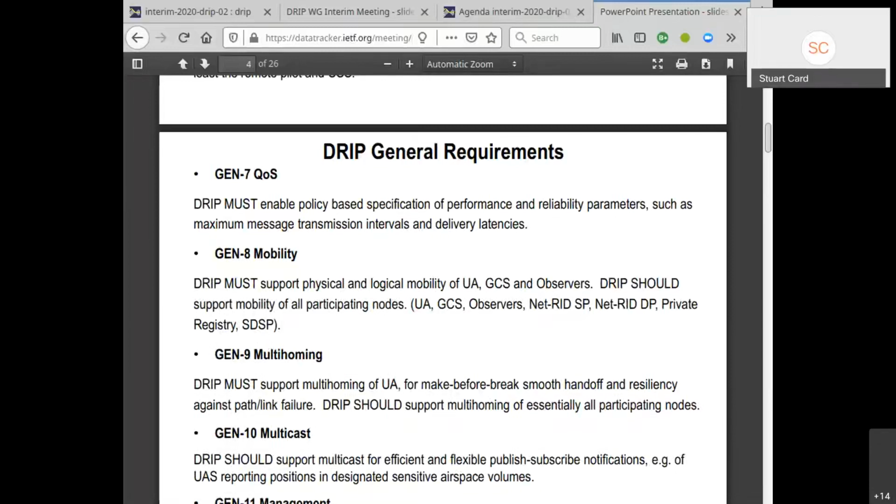And then finally, management. The people who are using this for situational awareness of what's going on in the airspace need to know how good their receiver network is. Are there holes in the coverage where they would have no visibility? Any discussion on these? So I think on the queue I have Eric.